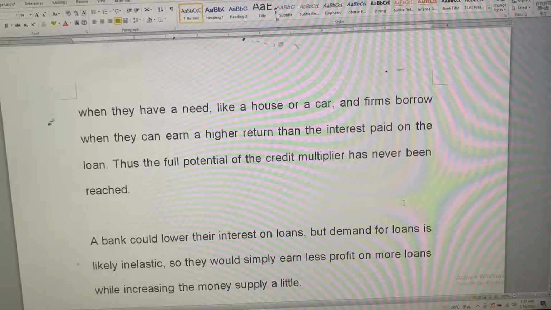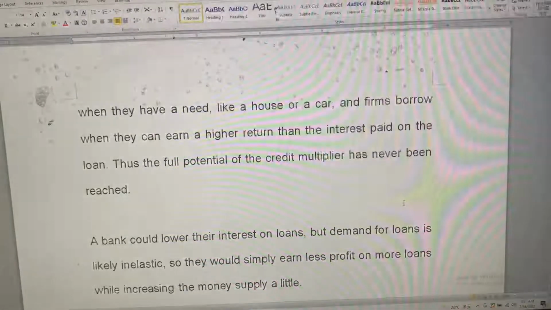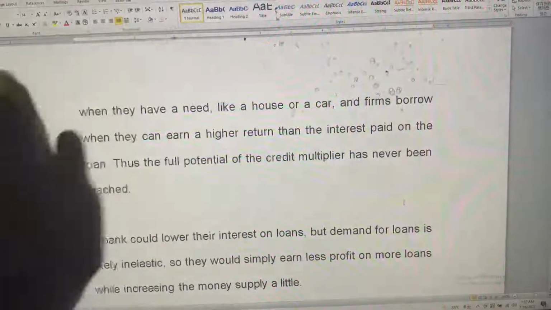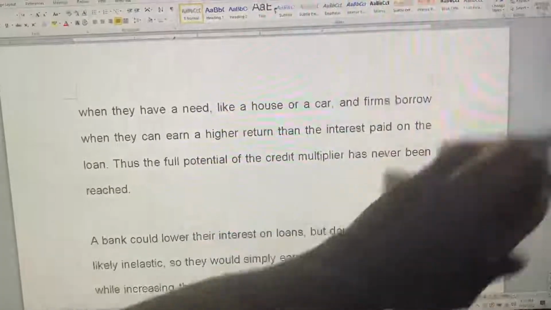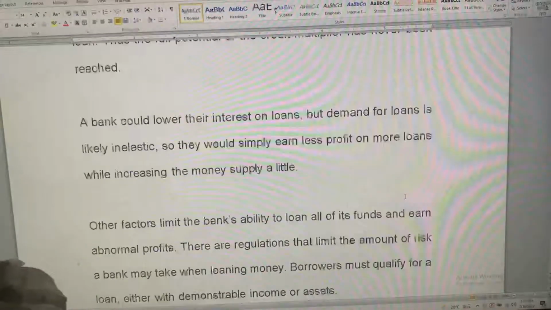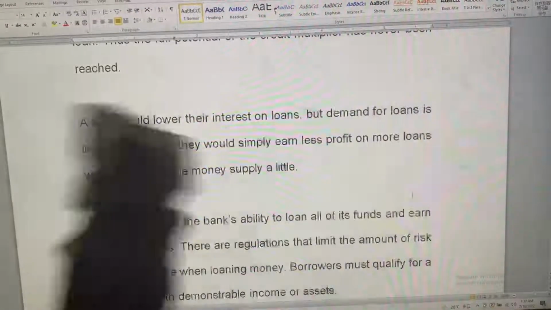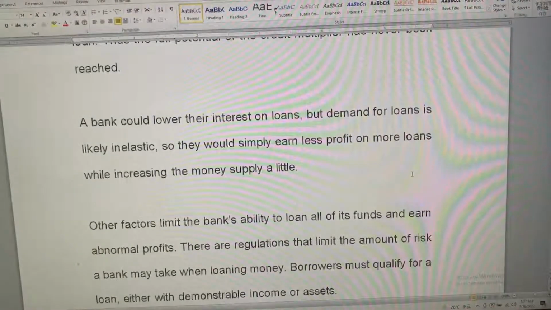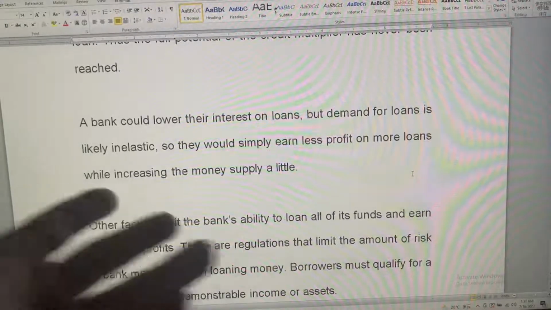If you have an investment and you think you can earn 10% and the loan is 5%, then maybe you borrow the money and make that investment. So a bank could lower their interest on loans, but demand for loans is likely inelastic, so they would simply earn less profit on more loans while increasing the money supply a little.